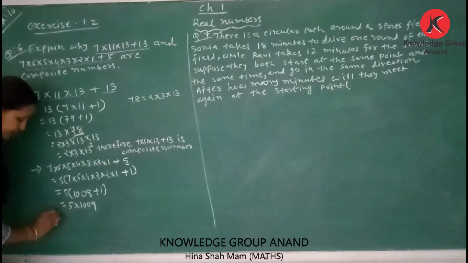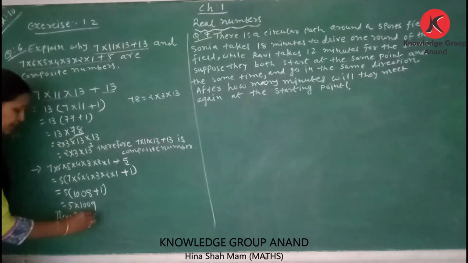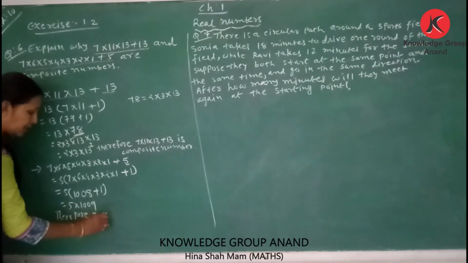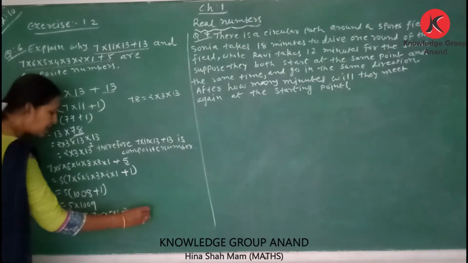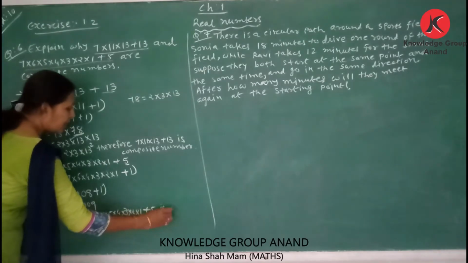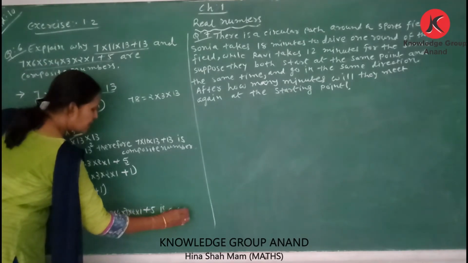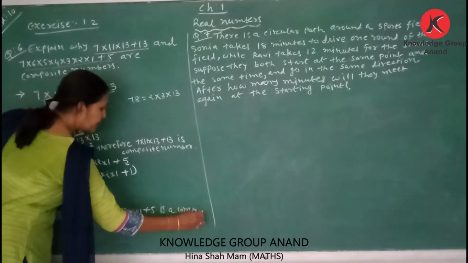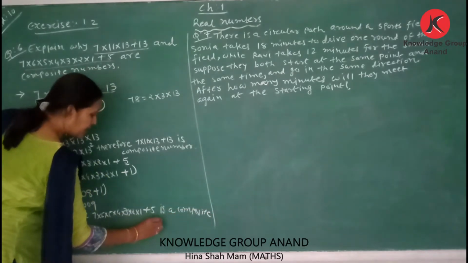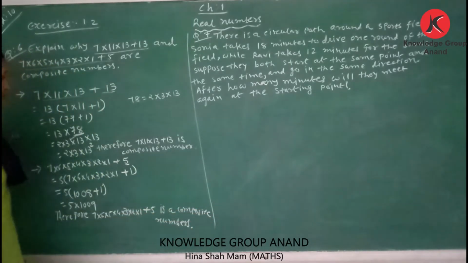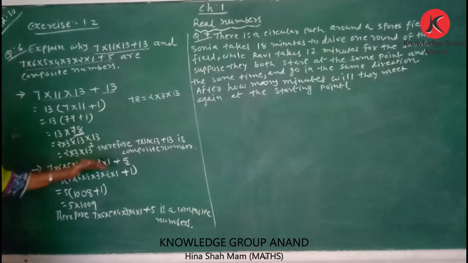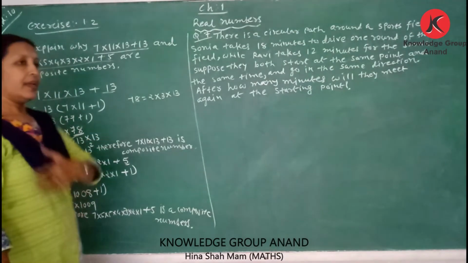Therefore, 7 into 6 into 5 into 4 into 3 into 2 into 1 plus 5 is a composite number. Okay, we have explained these two.